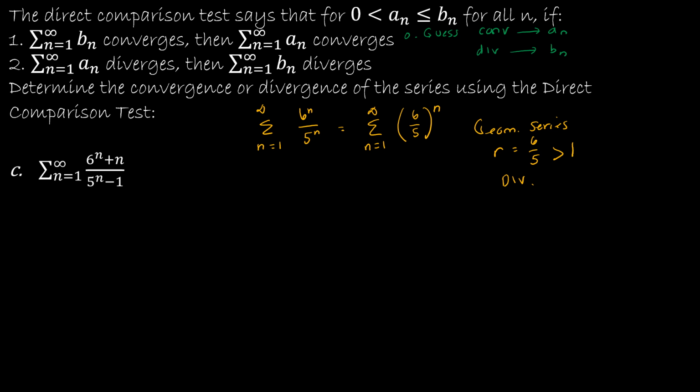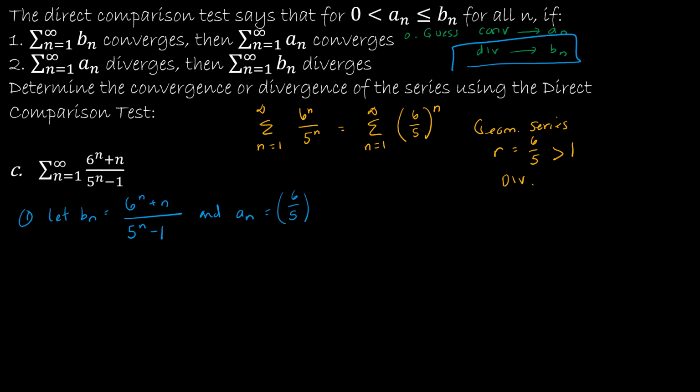So step 0 is that I'm going to guess it's divergent, and therefore I'm going to let b sub n be 6 to the n plus n over 5 to the n minus 1, and a sub n be this geometric sequence. The summation, a sub n is just going to be 6/5 to the n.